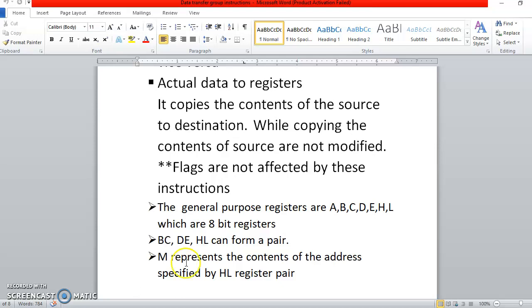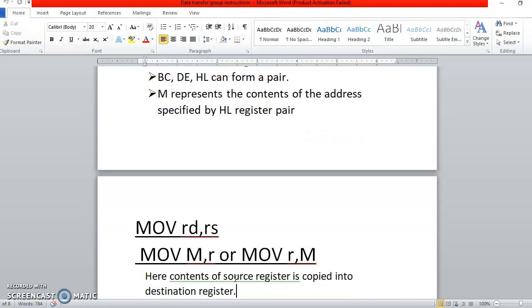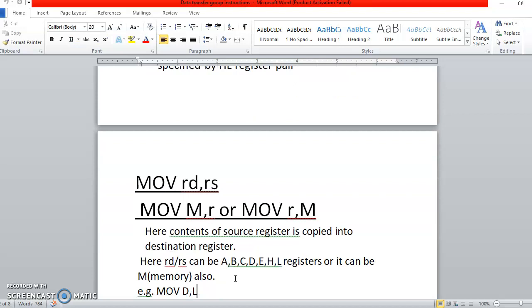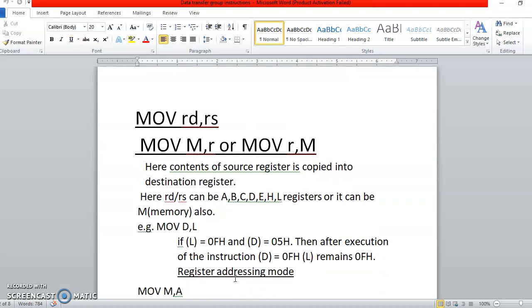It always deals with the HL register pair. HL register pair can have a 16-bit number. That 16-bit number can be used as an address, and the contents of that address will be always pointed by M. Now using this information, we will learn some instructions in data transfer group.